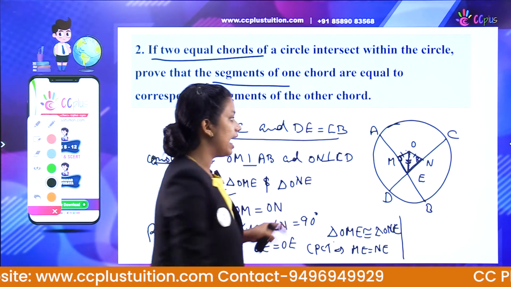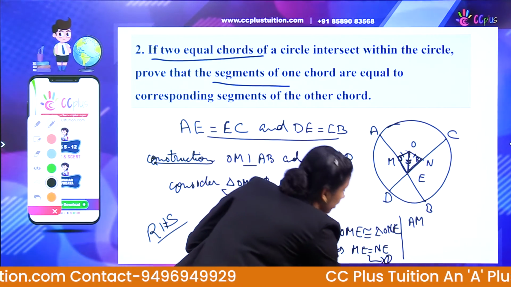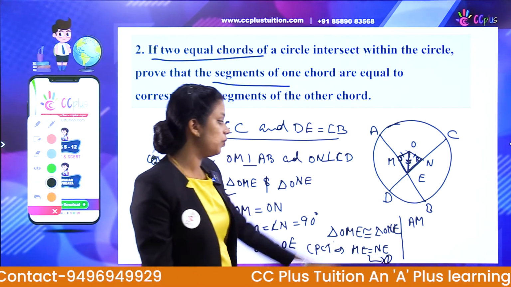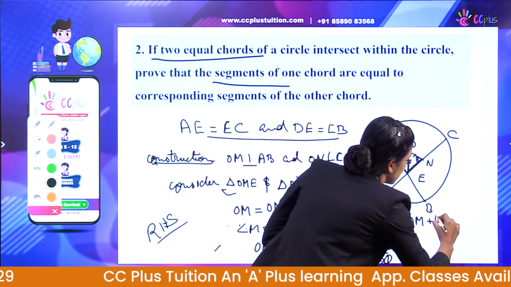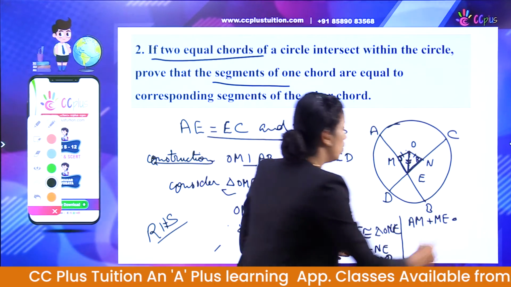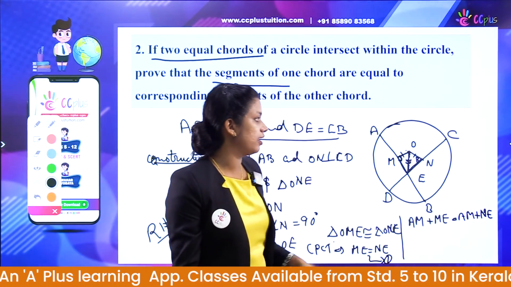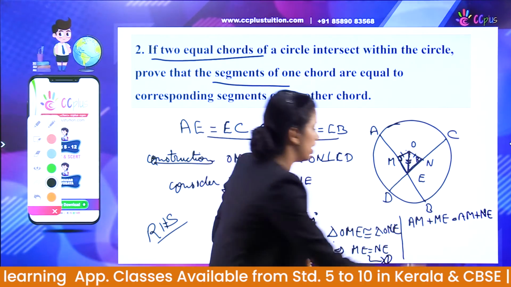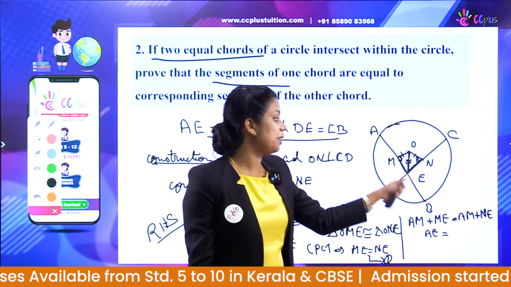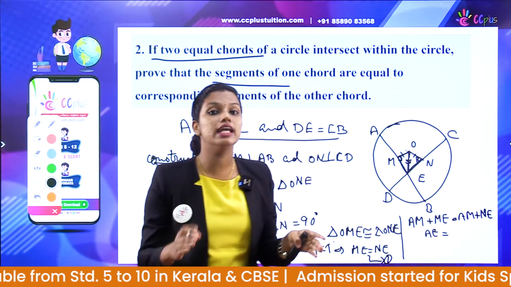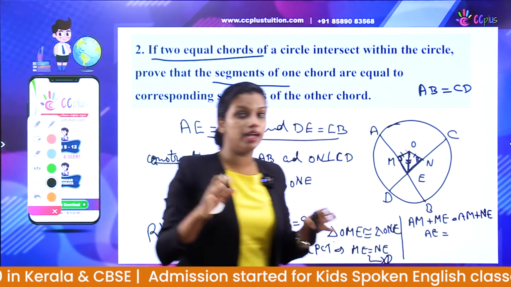If this is equation number 1, and we add AM on both sides, what will we get? AM plus ME is equal to AM plus NE, right? Instead of AM plus ME, we can write AE. We know that AB and CD are equal chords, that is given in the question.